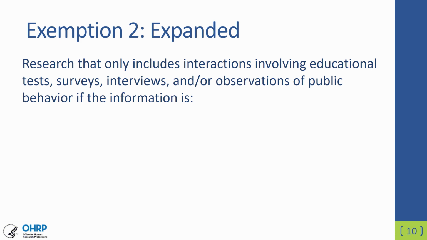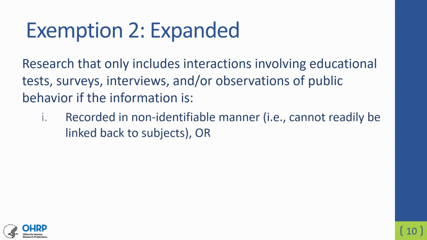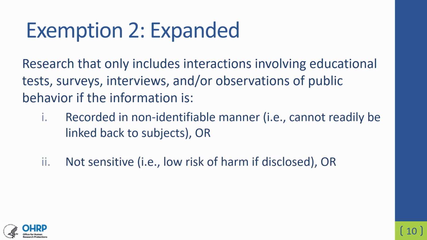Exemption 2 normally applies to research that involves interactions involving educational tests, surveys, interviews, and or observation of public behavior, if the information collected is recorded in a non-identifiable manner, that is, it cannot be linked back to the subjects readily. Or if the information collected is not sensitive, or in other words, if there's any disclosure of the information, there will not be a lot of risks to subjects.